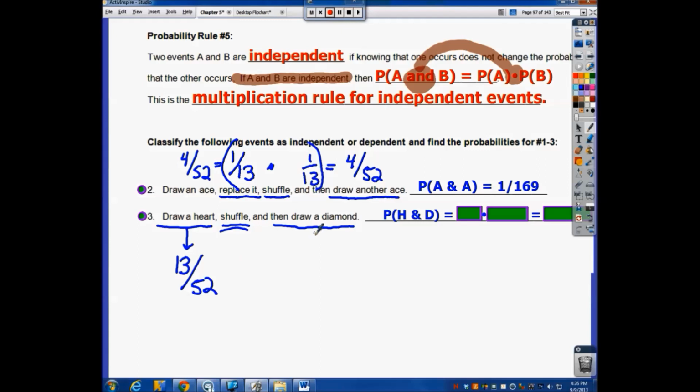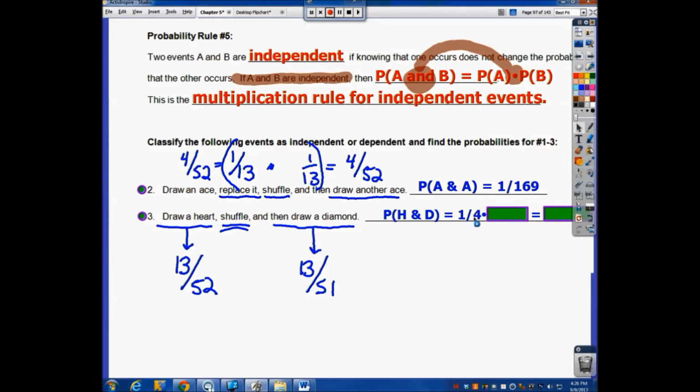Okay? So now is drawing a diamond 13 out of 52? It's not 13 out of 52. It's 13 out of, well, how many cards are left since I didn't put the original heart back? Well, now there's only 51. At this point, you can multiply these two things together, okay?